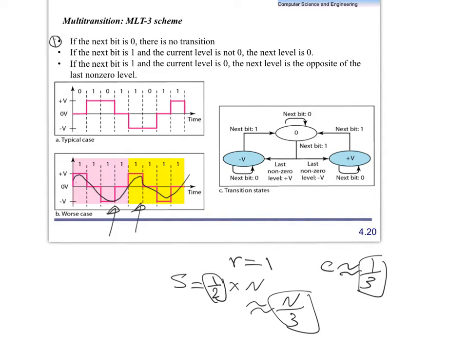So sometimes you have to go back several positions until you figure it out. This adds to the complexity of the transmitter, of course. So that's the cost that we have paid. In return, what we have gained is a low signal rate. Okay? So that's the only scheme in this category, the multi-transition.